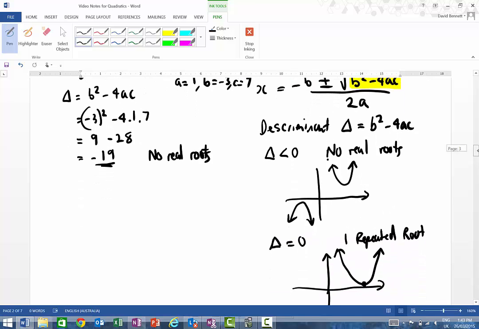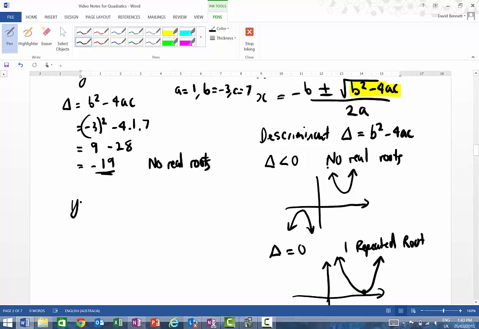Let's do another one just to show you if it actually does work. Let's say y is equal to x squared, take 3x, take 10. So that's a function. Again, we write our values: a is 1, b is minus 3, c is minus 10.